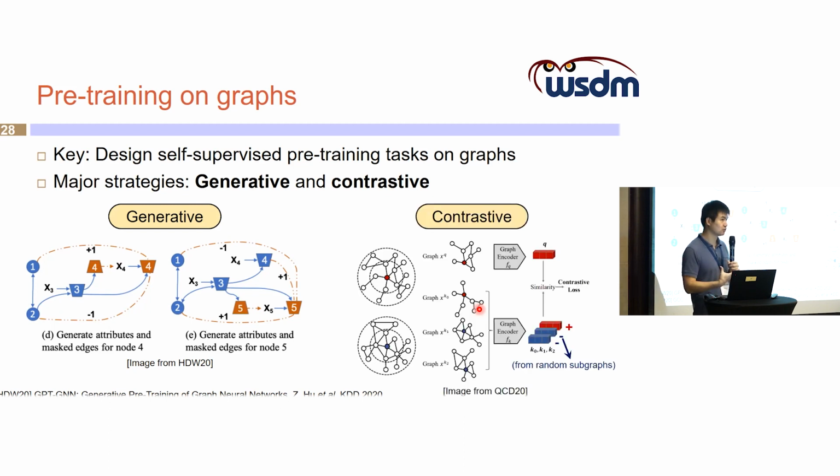Or for contrastive, we can construct different views of the same node. Like these two networks here: the first are different ego networks sampled from the same ego. Those from the same node can be considered as positive examples, but different ego networks of random nodes can be regarded as negative samples.